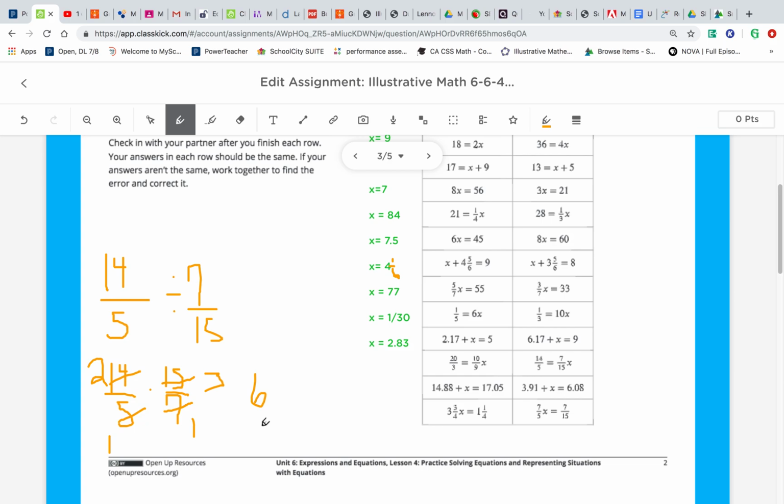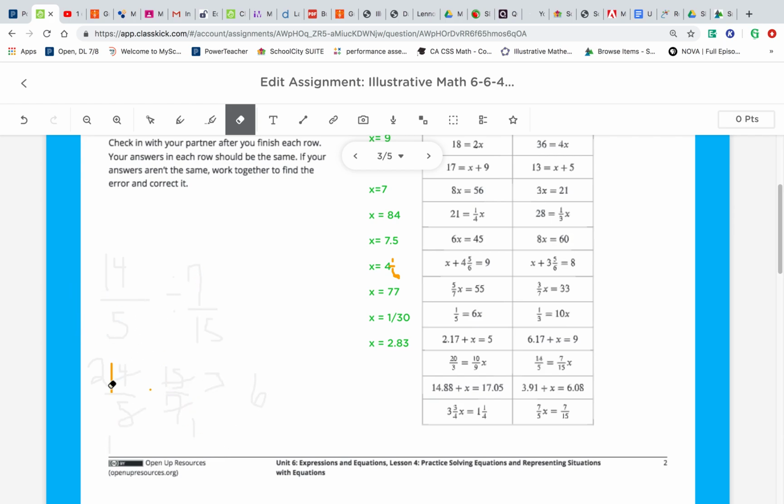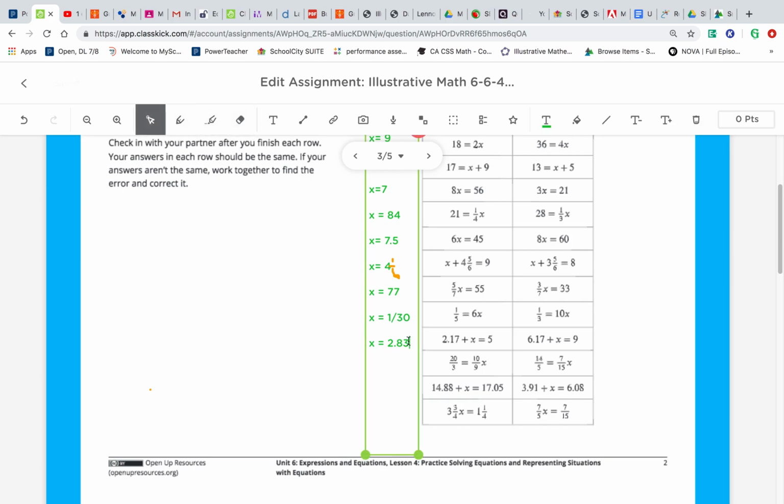And we don't need to write 6 over 1 because 6 over 1 is 6. All right, so x equals 6 for that one.